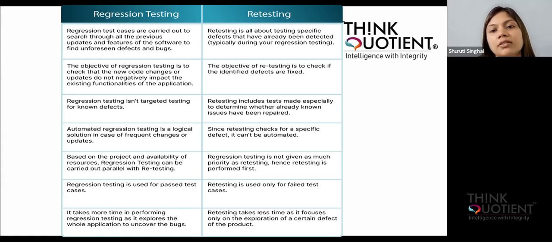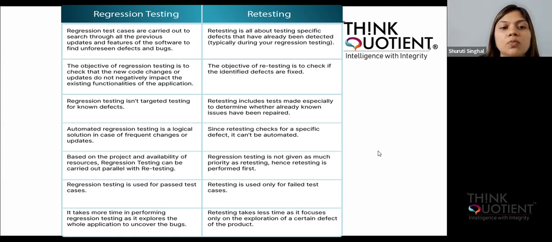Since retesting checks for a specified defect, it cannot be automated. So based on the project and the availability of resources, regression testing can be carried out in parallel along with the retesting. Right? So retesting is done based on the priority and severity of the bugs. Right? So regression testing is used for past test cases, whereas retesting is used for failed test cases.